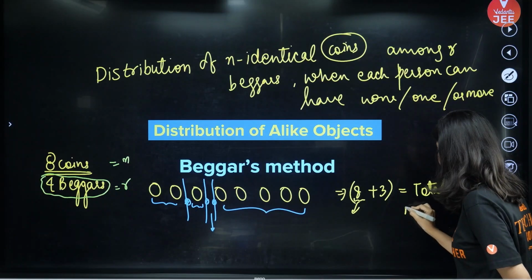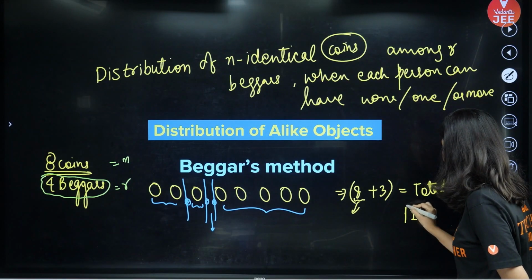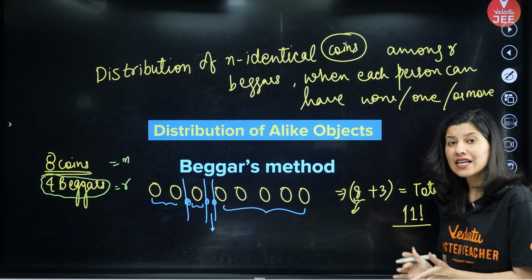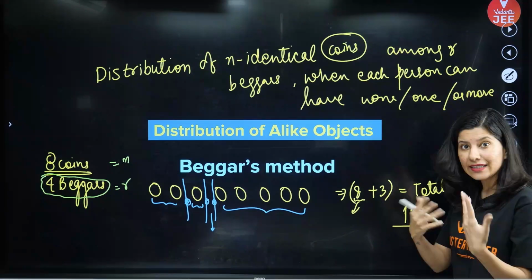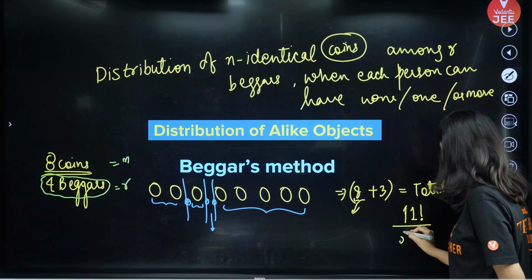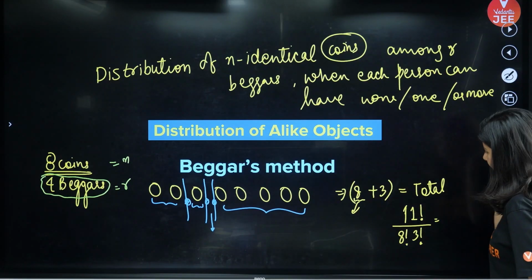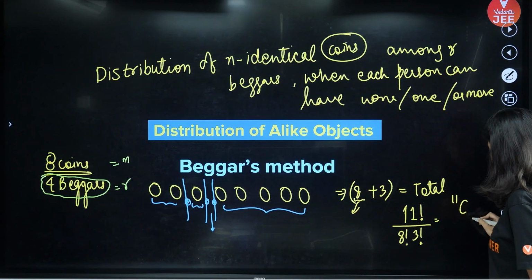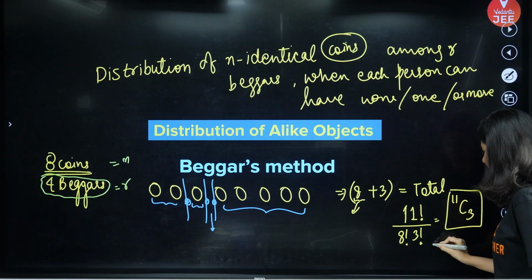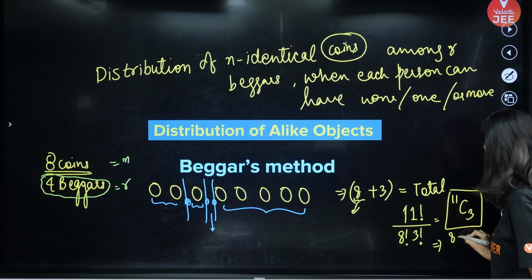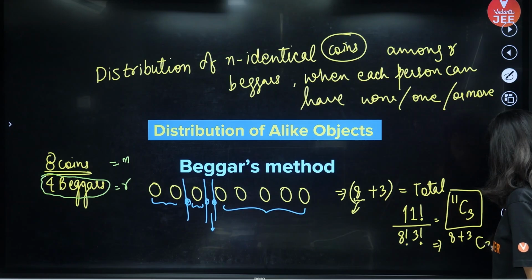So basically 11 things can be arranged in a line in such a way that 8 are identical and 3 are other identical. So this is 11 factorial divided by 8 factorial times 3 factorial. If you focus on it, it is 11C3.